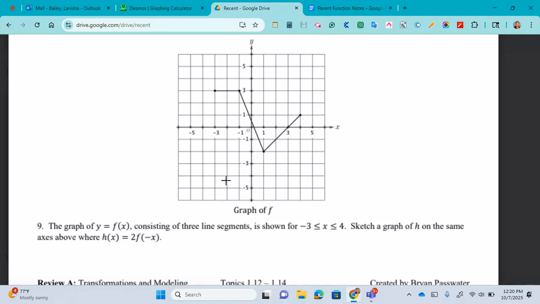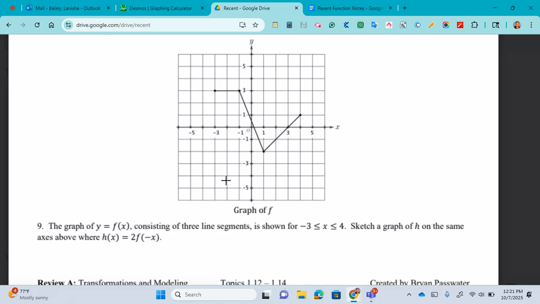Now, this negative x, in order for what was positive x to become negative x, it has to reflect across the y-axis. Whenever you reflect, all you're doing is changing your x that was negative to a positive.